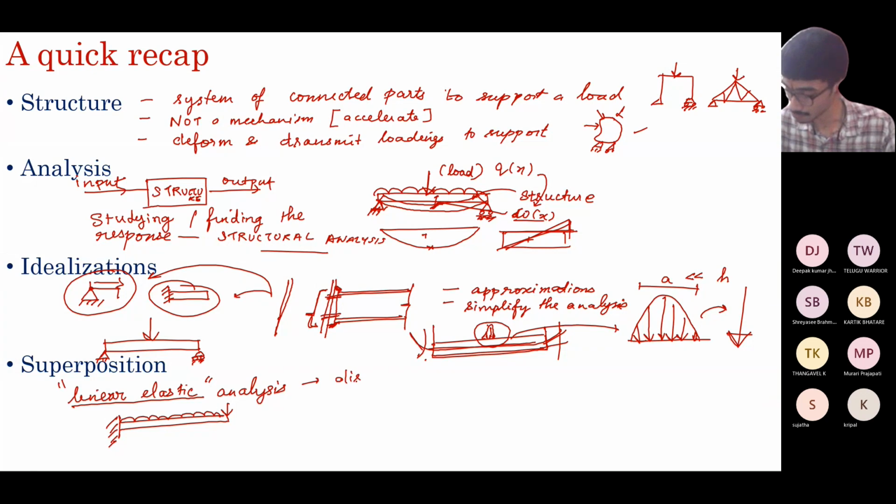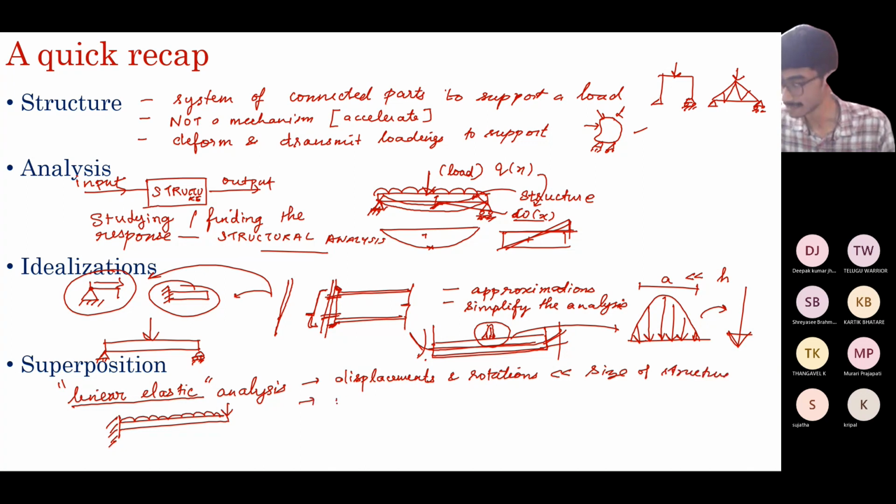Displacements and rotations are very small compared to some characteristic size of the structure, and the material is linear elastic. Under these conditions, suppose you're interested in the tip deflection, delta.